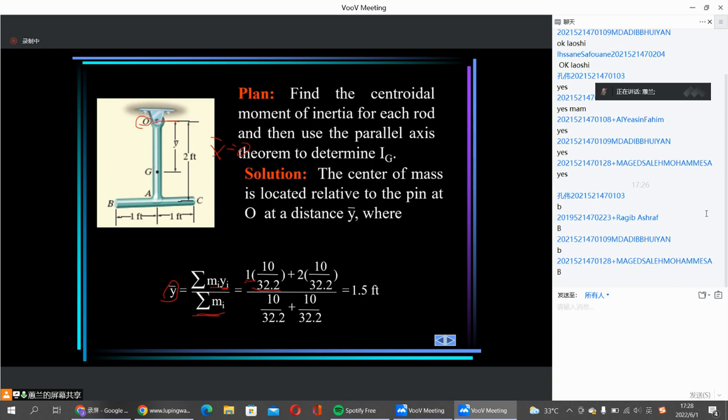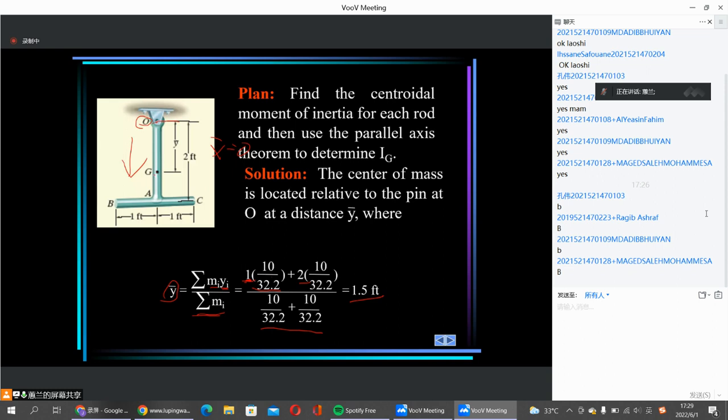So for the assembly, we only need to calculate its y coordinate. We take downward as the positive y-axis. For the vertical rod, the y coordinate of its mass center is 1. And for BC, the horizontal rod, it is 2. Then the sum of the mass times the coordinate of each mass center, divided by the total mass, gives the coordinate of the mass center.